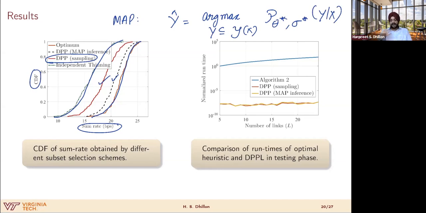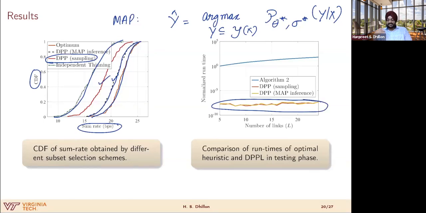It turns out this is a hard problem. This is an NP-hard problem, but there are some efficient solutions available in the literature that were used directly to obtain this curve here, the dotted curve. Interestingly, the complexity of both direct sampling and MAP inference is pretty much the same, as we show in this plot.